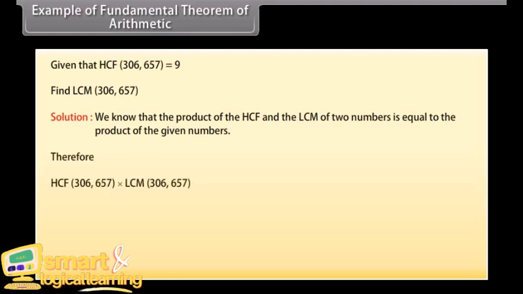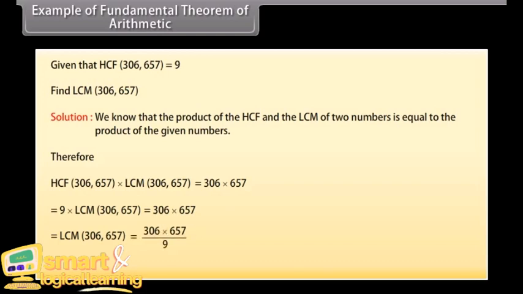Therefore, HCF(306, 657) into LCM(306, 657) is equal to 306 into 657, so 9 into LCM(306, 657) equals 306 into 657, which means LCM(306, 657) equals 306 into 657 upon 9. LCM is equal to 22,338.